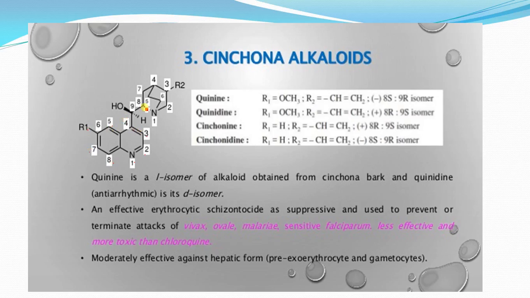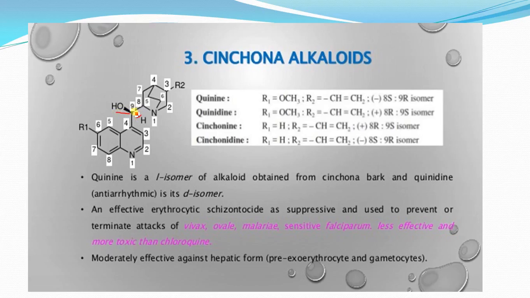This 8 and this 9, the 9 one is the chiral carbon, isn't it? The configuration of this 9 depends upon these two groups, above and below the plane. That is, this one is dotted and this one is the wedge hydroxy group.